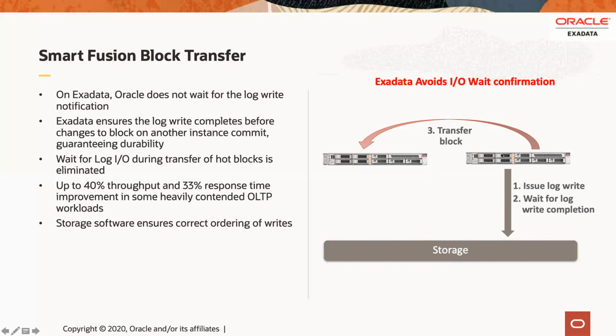The reason we wait for this in a generic system is that if this node crashes, then we could have IO from node 1 coming into the storage side without an IO which was actually written, but it did not get confirmed.